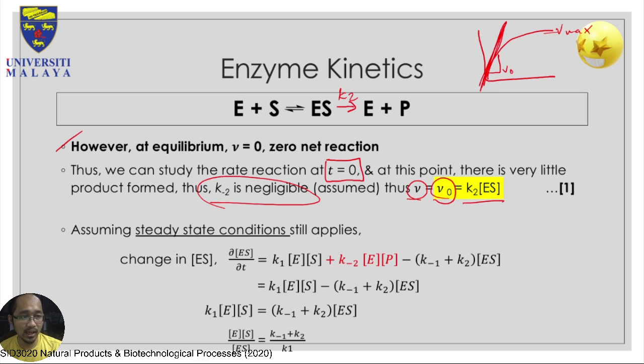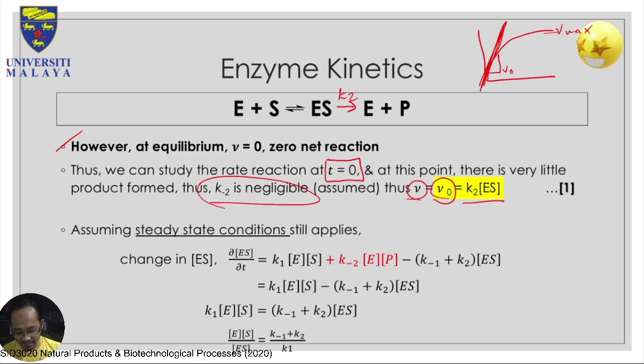We are not looking at the K minus 2 anymore, because previously the reaction also had a minus: K2 moving forward and K minus 2 going backwards, as loss of products. Because of the assumptions we put in, V naught for product formation now becomes only K2 times the concentration of the ES complex. Also, we assume the steady state condition still applies.